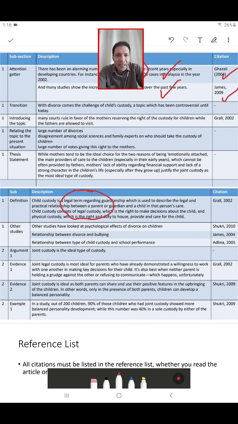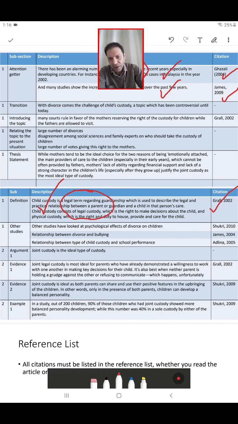Because I think it is a legal term, and maybe some of the people don't know exactly what it is. So I would rather give the definition. All right, maybe some of the people don't feel the need to provide the definition. All right, but if you provide a definition, it has to be very clear.